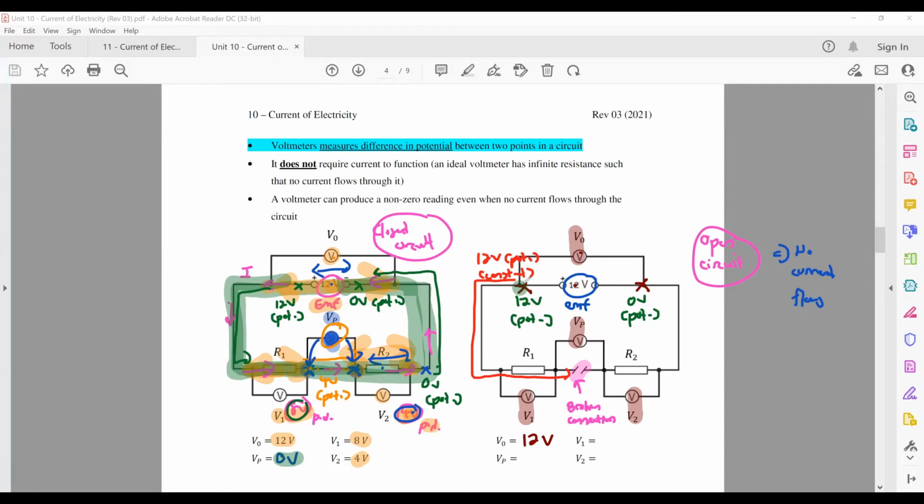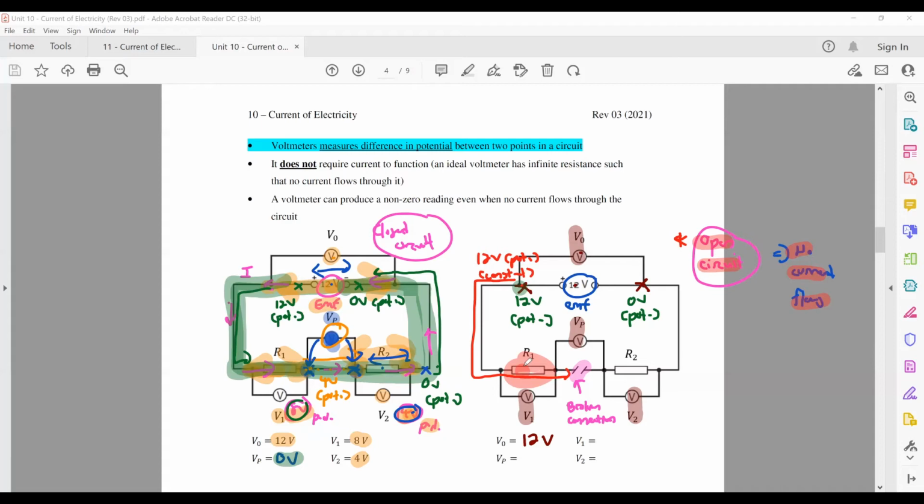Now look at how charge flows. Is there even any charge flowing in the first place for an open circuit? In an open circuit, there's no charge flowing because there's no current flowing. So for the resistor here, there's no charge flowing through it, no current flowing through it. So there's actually no such thing as electrical energy being converted to other forms here, no electrical energy being converted to heat.